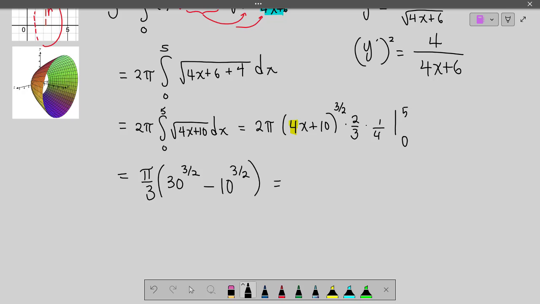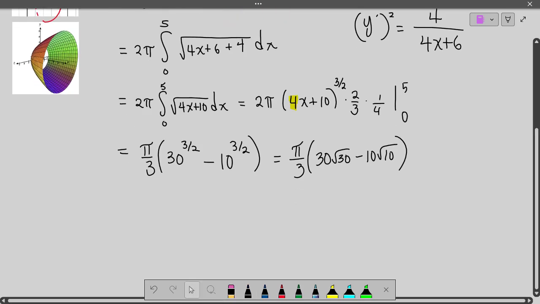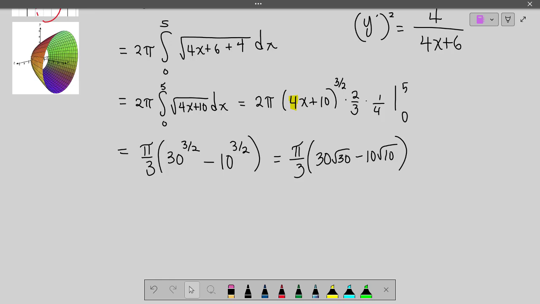So normally what we like to do is get rid of the fractional power and make that 30 root 30 minus 10 root 10. And if we wanted, we could factor out a 10. Again, it would be totally fine on the test to stop right there.